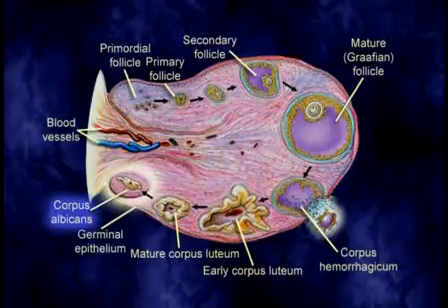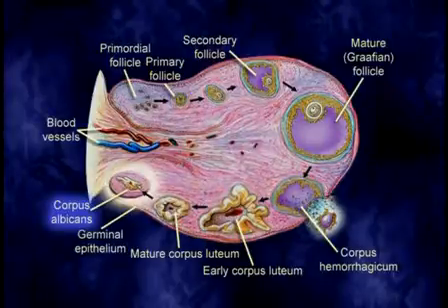Corpus luteum is what's going to nurture the hormonal levels that are needed to keep the egg, the fertilized egg, in constant contact and in constant maturation. When that doesn't happen, then this degenerates and becomes a corpus albicans. So that's what we have coming about in the maturation of a single ovum in one menstrual cycle.